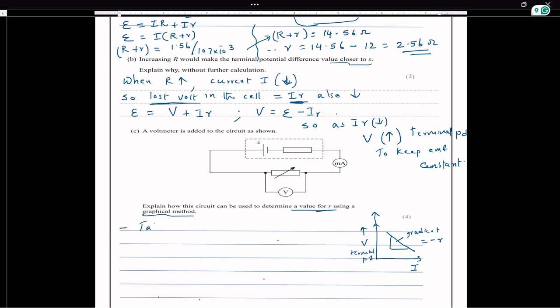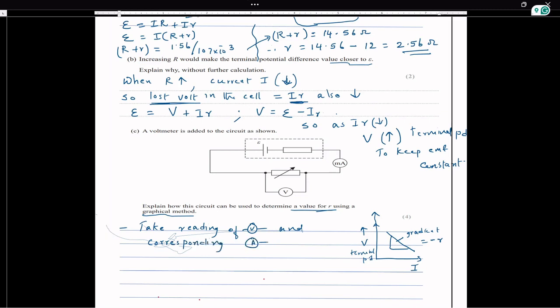So first one, take the reading of the voltmeter and the corresponding ammeter, that is the current, for different values of resistors.